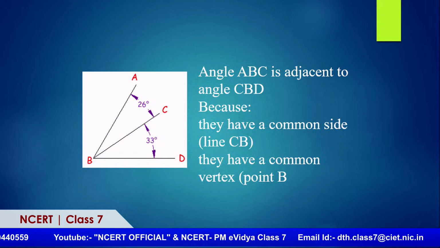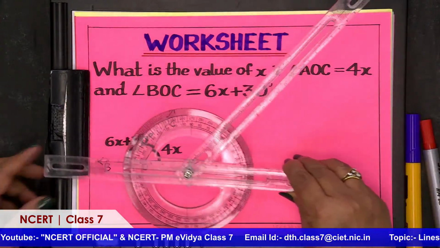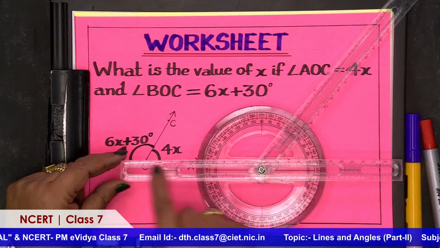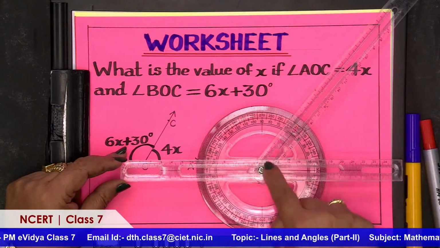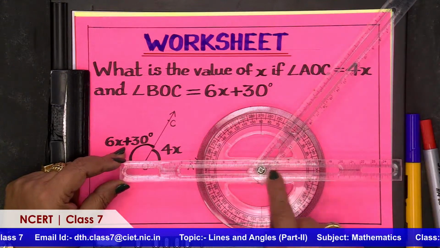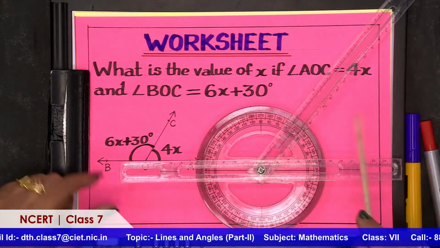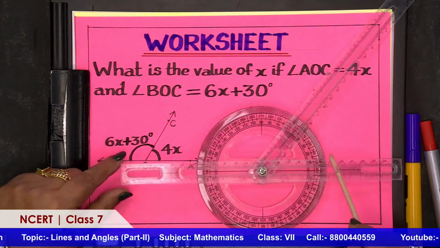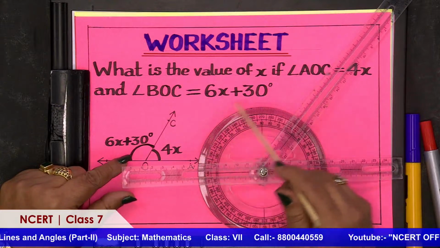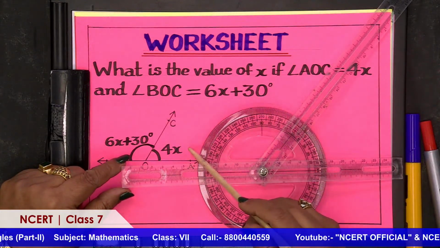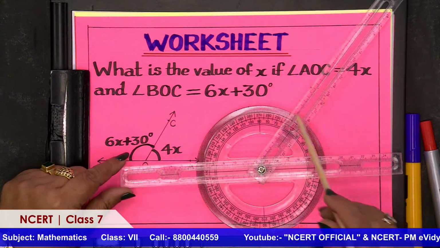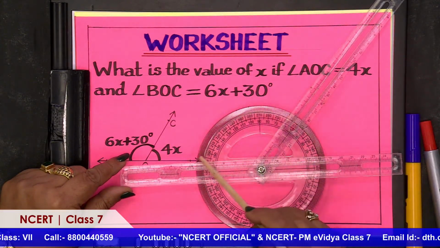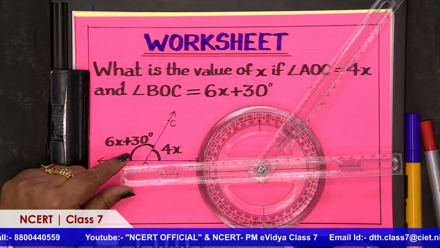Now here, I can show you, children. We have this as a straight line and this is a ray. Can you observe that this angle is an acute angle? And what about this other angle? It is obtuse, because an acute angle is less than 90 degrees, children, and this angle will be greater than 90, only then will these two add up to 180 degrees.